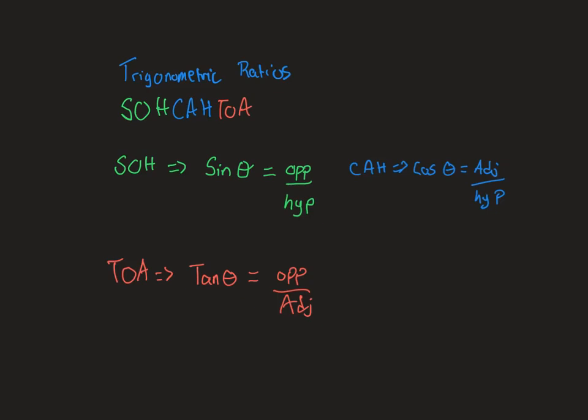So for sine, it would be cosecant, which is the same thing as saying 1 over sine theta, because remember, you're taking the reciprocal. The reciprocal means you are changing their positions, so these should be hypotenuse over opposite.